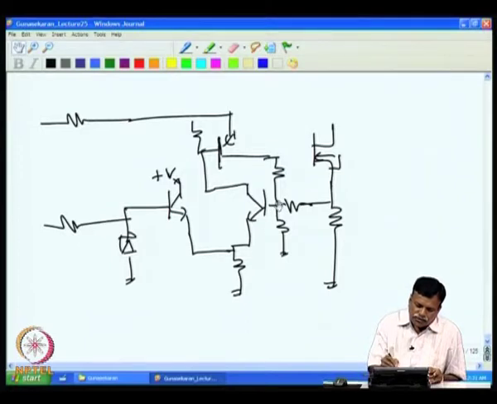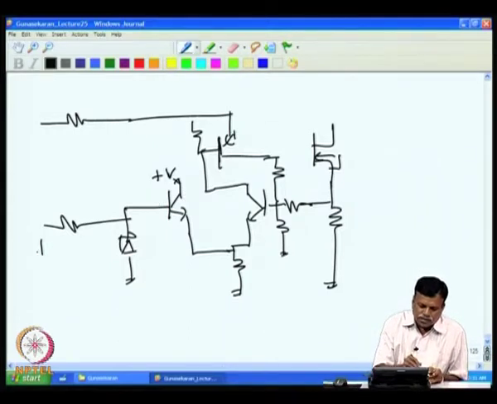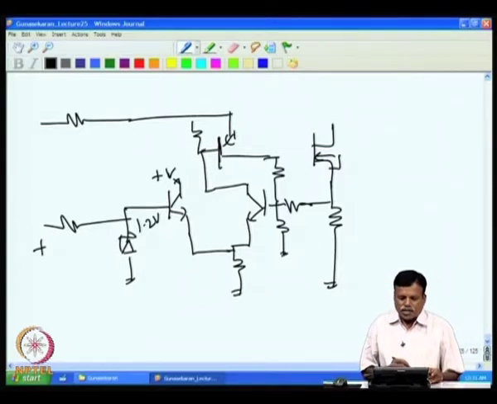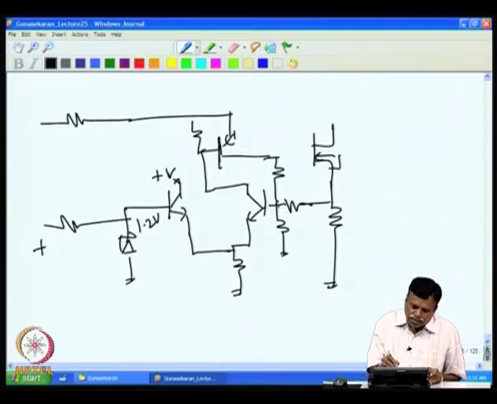But then we had kept this one at reference voltage, because this is connected to, we say, plus supply, and assume that we had kept this one at 1.2 volt Zener. If it is at 1.2 volt Zener, then this will start conducting only when it is above 1.2 volt, otherwise it will not conduct, because assume that at room temperature 0.6 volt is the drop, then this will be sitting at 0.6 volt, and this will start conducting only above 1.2 volt.